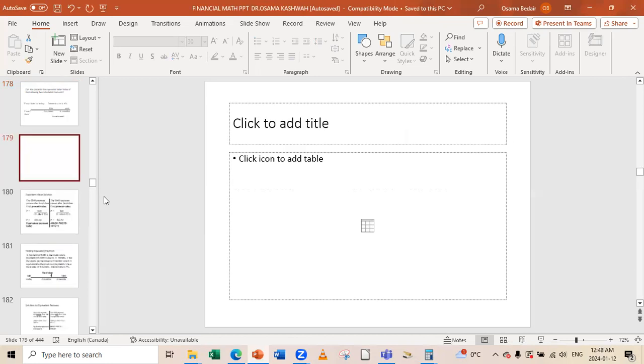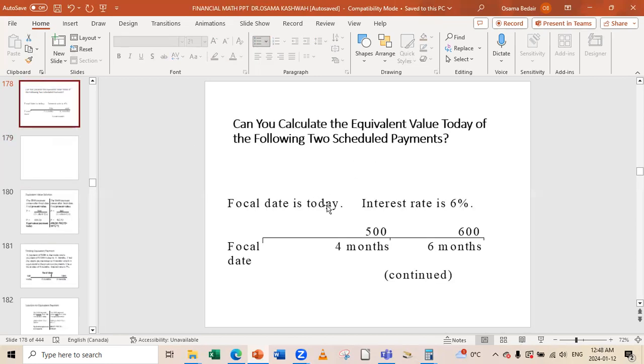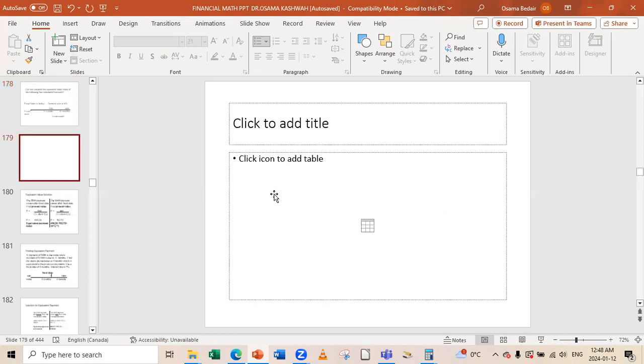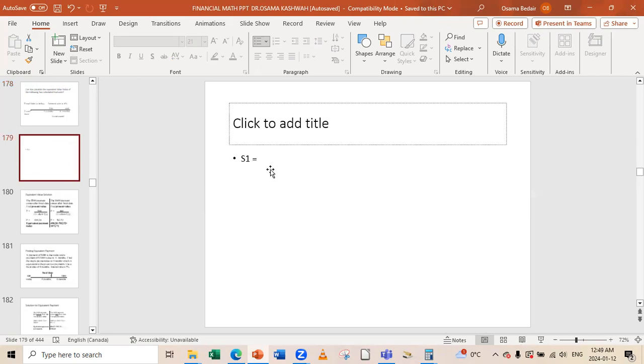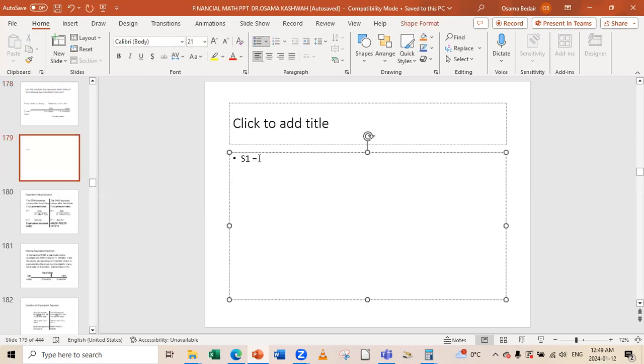Now, new slide. Okay. When we take the given data, we see this first amount. Here, the future amount S1 will equal $500, while P1 is unknown.